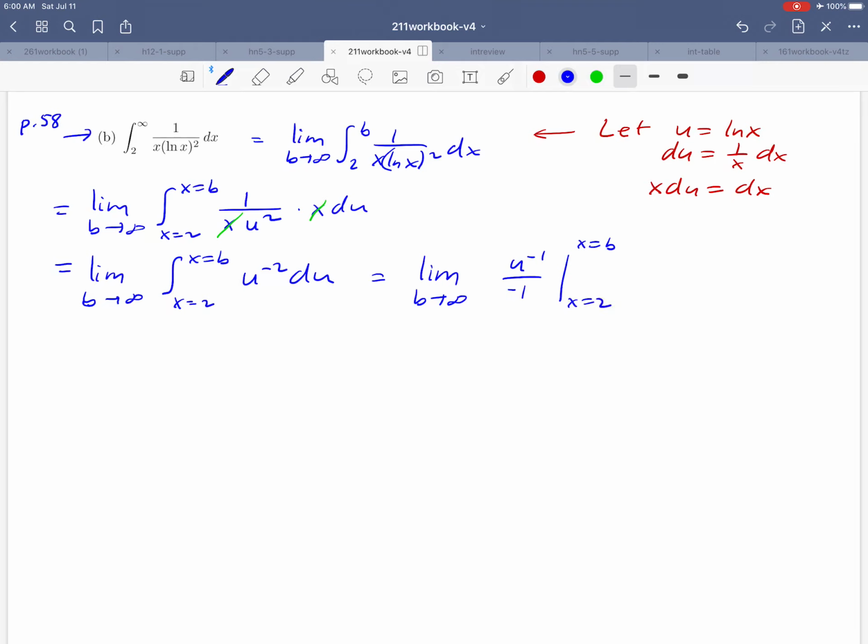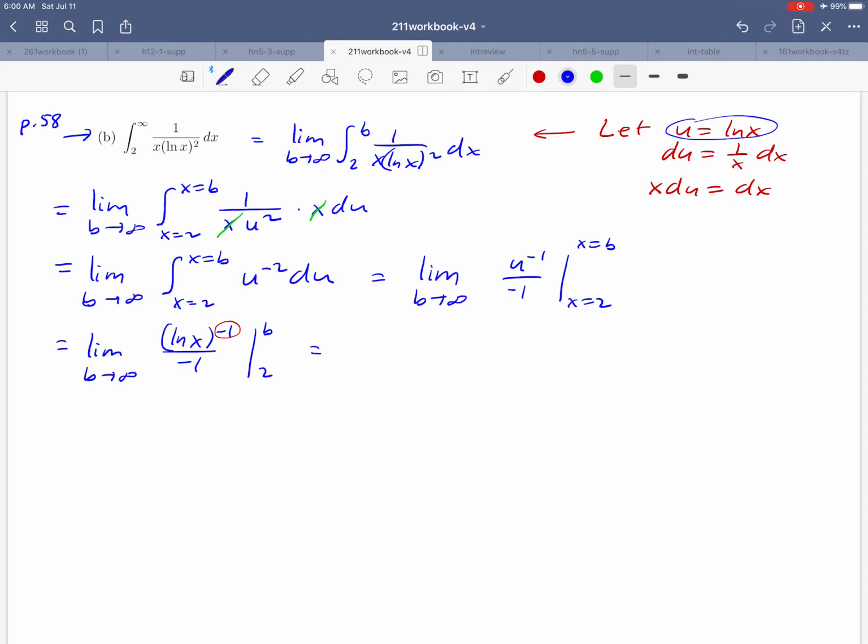And now that we've got an antiderivative, we can go ahead and substitute that u back. So u was ln of x, so we'll go ahead and substitute that back in. And we will get ln of x to the negative 1 over negative 1, evaluated between b and 2.